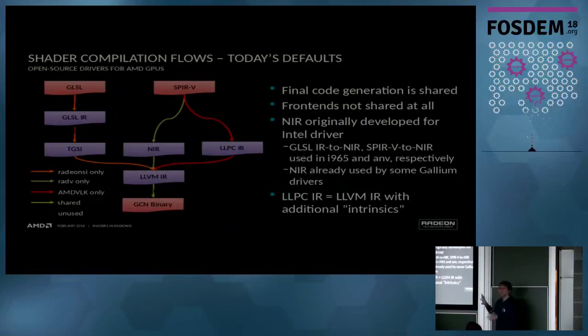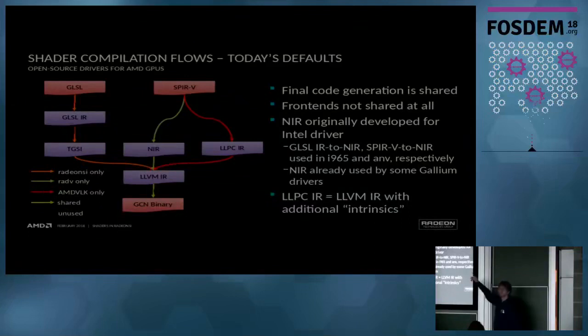Some of that is shared with llvmpipe, but in the end, the IR looks quite different. And then this is passed to LLVM, which does the backend compile and generates the actual binary that is then uploaded onto the GPU.